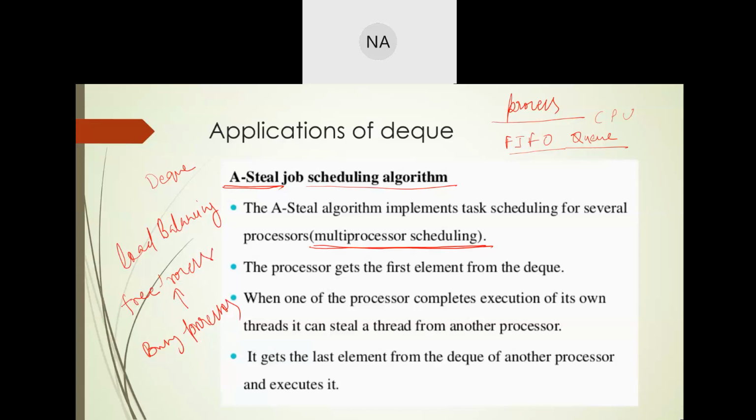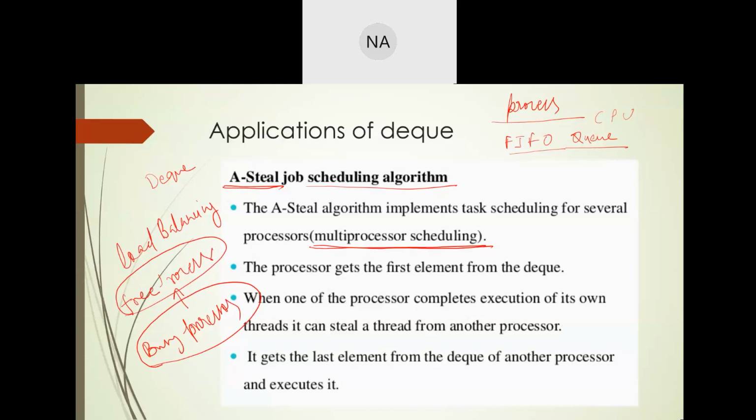The process which is at the front side. So when a busy processor becomes free, it takes a process from its own deck, and the process which is at the rear end is taken by the busy processor, right? But when a free processor takes or borrows a process from a busy processor, it takes the process which is at the front end.